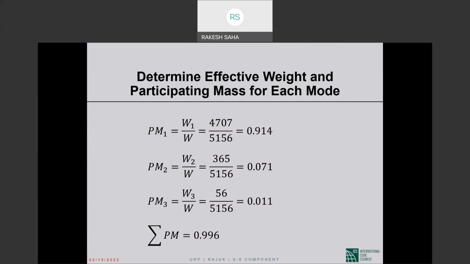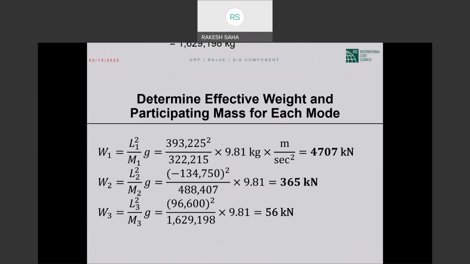The participating mass is the effective weight divided by the total weight. Okay, our total weight, it was given, and we have to go all the way back to the problem statement.